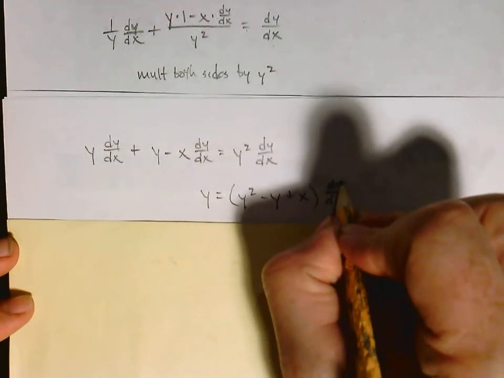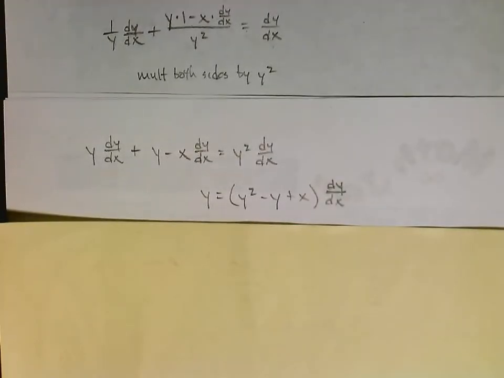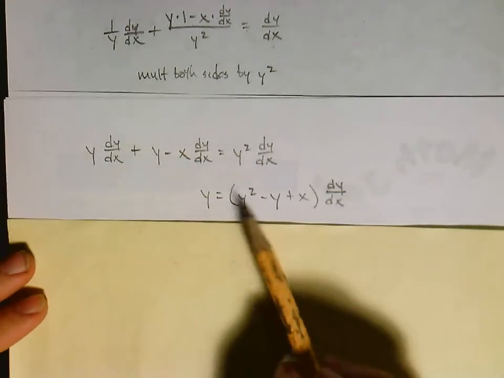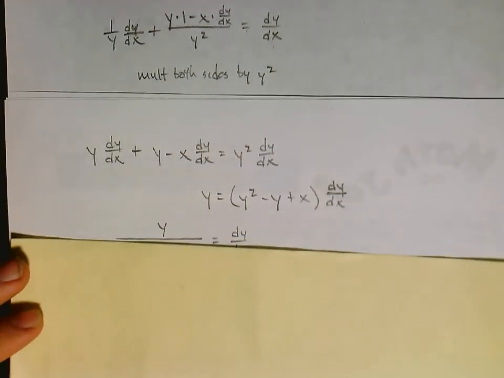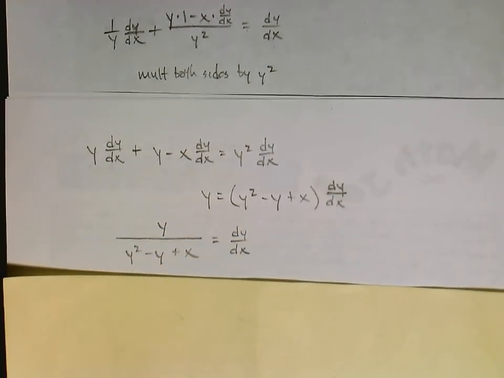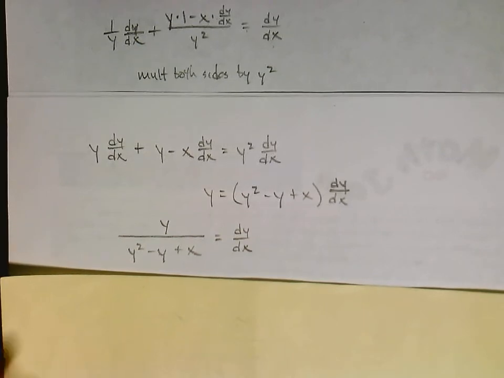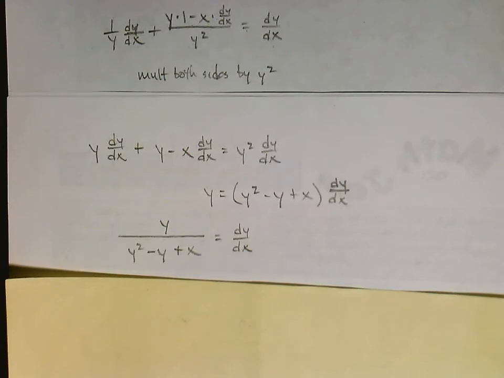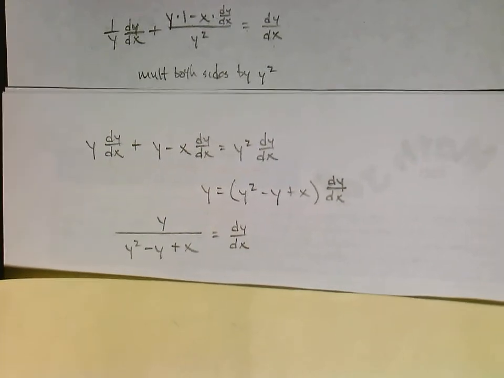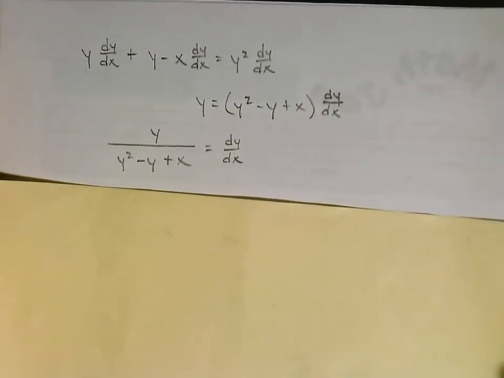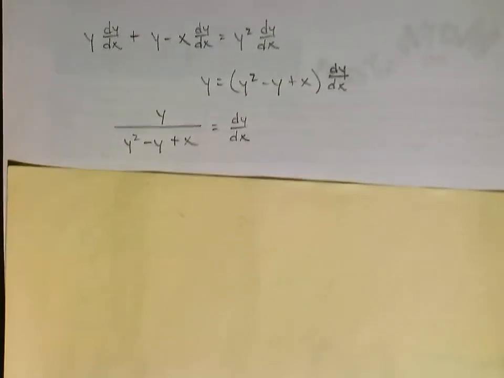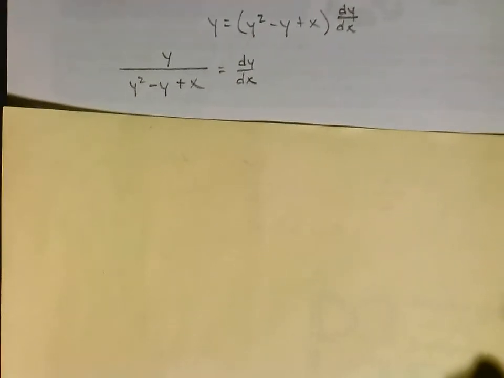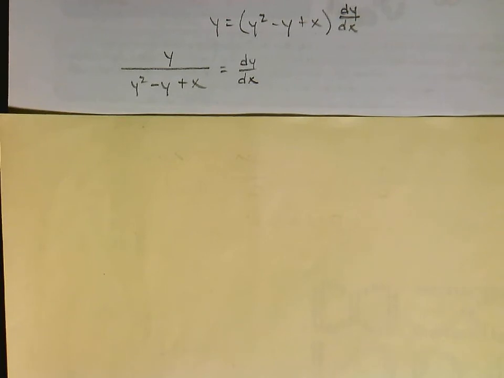And certainly you can show that step in between. I think hopefully you can follow my work here. And then we're just one step away. We're just going to divide that over. So y over y squared minus y plus x equals our derivative dy over dx. So we've got our derivative there.